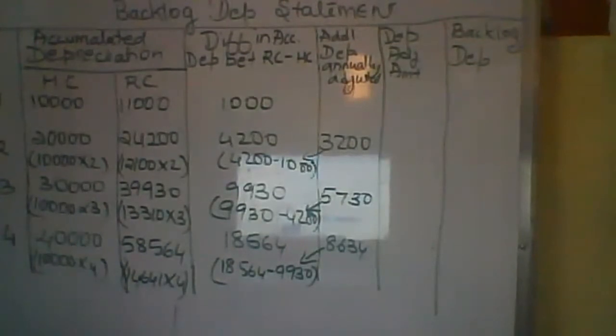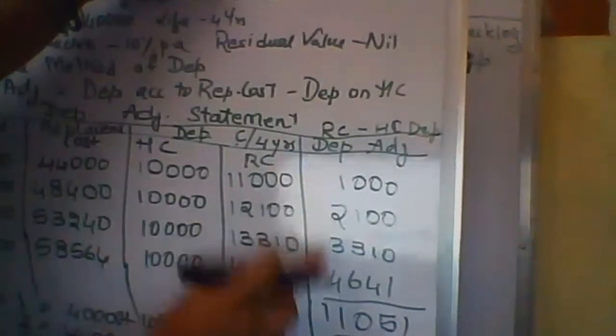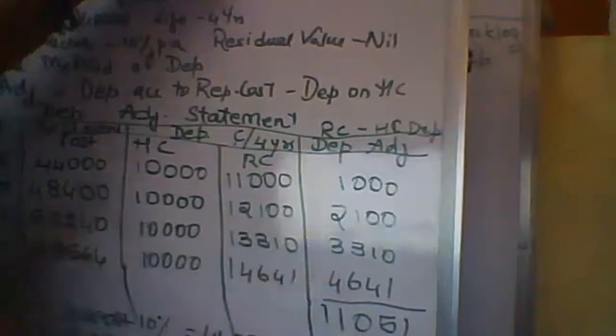So now you will see how much is the depreciation adjustment which is there each year, right? Depreciation adjustment already we did here: 1,000, 2,100, 3,310, 4,641.